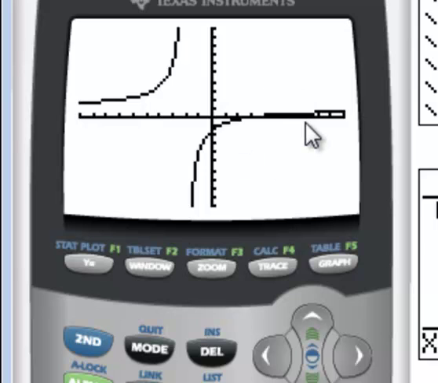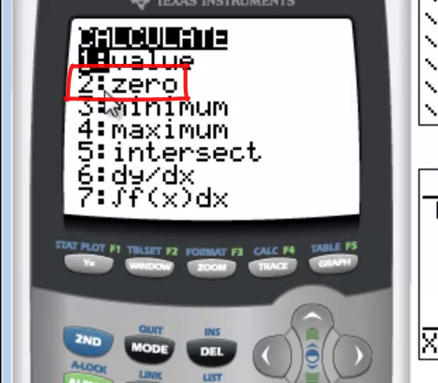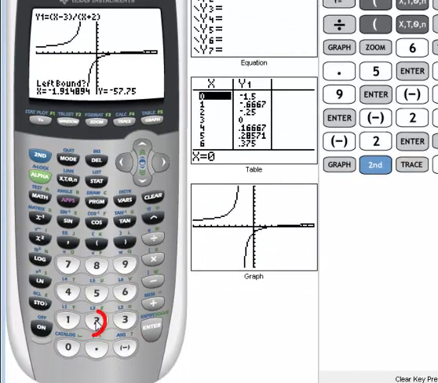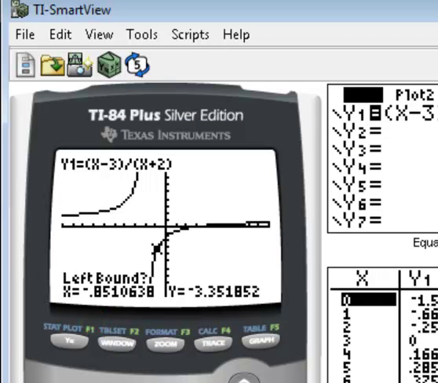In this graph, there is also an x-intercept. We can find it by using the zero function in the calc menu above trace. So go to second trace and click on zero. Now place your cursor to the left of the x-intercept and hit enter. Then move your cursor to the right of the x-intercept and hit enter.